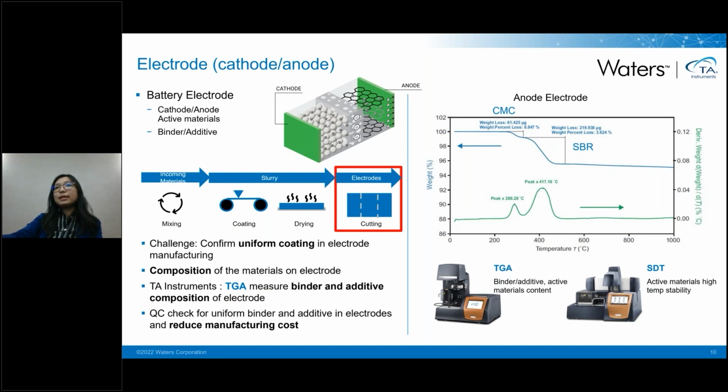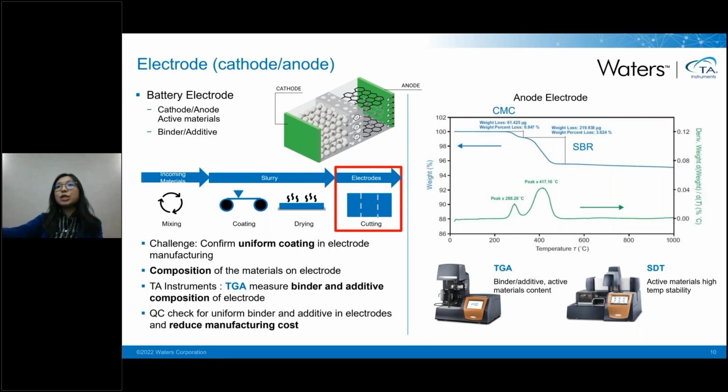By running a TGA, you can look for the degradation temperatures of the CMC and SBR, and identify the weight loss from each to characterize the weight content of CMC and SBR in the electrode. It gives you a quick QC check for the dry electrode, an idea of how uniform the coating process is from batch to batch.